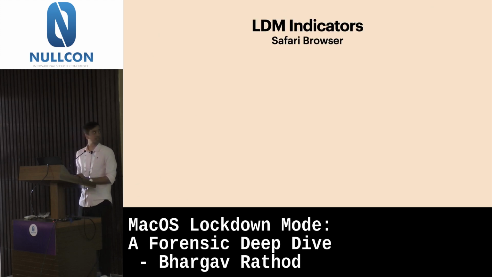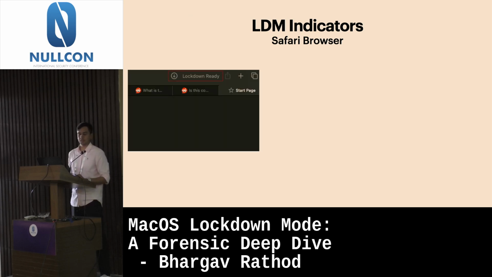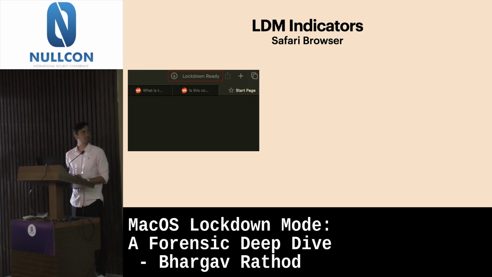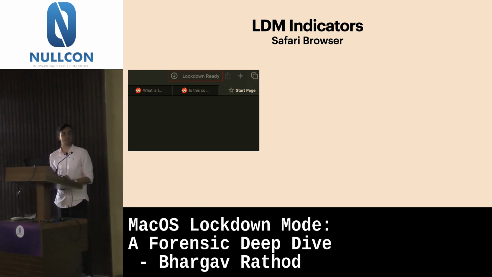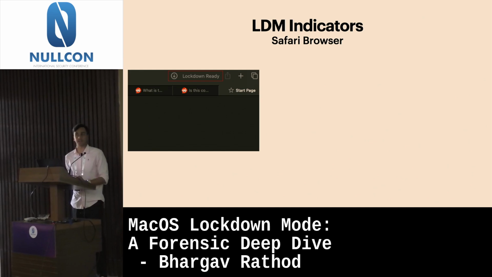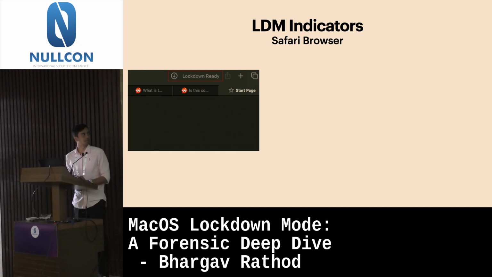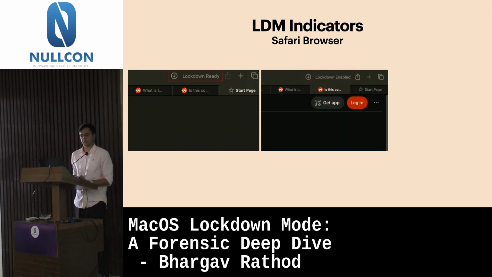Then comes the Safari browser indicator. It has 3 indicators. The first one that you see here is the lockdown ready indicator. This is when you open just the home page in Safari, which is your start page. By default on the home page, it will show lockdown enabled or lockdown ready. And if you visit any website, it will show that lockdown is enabled.